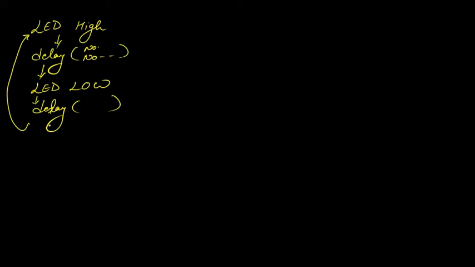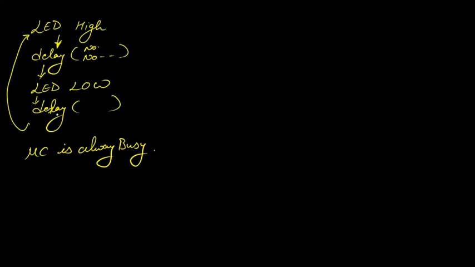But with this approach, the microprocessor or the microcontroller, in our case, is always busy, either making the LED high, or counting the number, or decrementing the number, then making the LED low, then decrementing the number again. In all this, the microcontroller is always busy, and that means it cannot focus on or look into any other task.